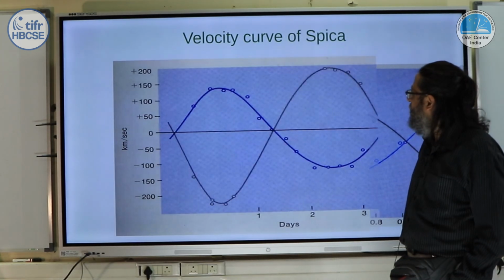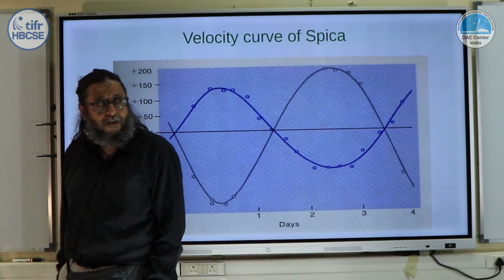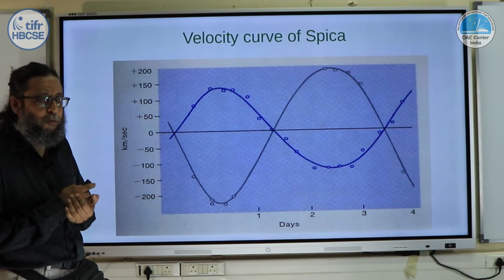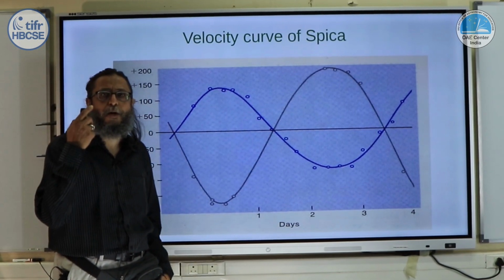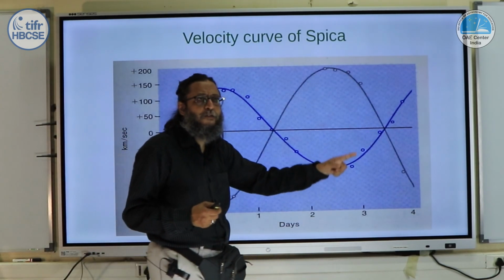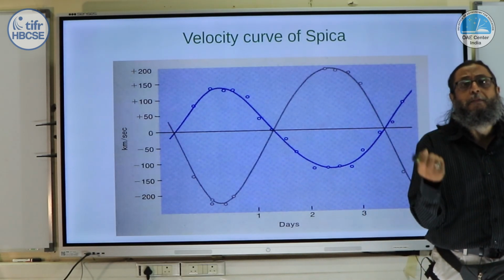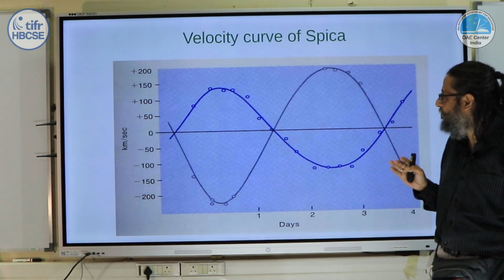Now this is a velocity curve of Spica. Understand one thing also very important. The circles are the data points which are actually measured. The solid lines are physical models corresponding to the best fit parameters of the properties of the binary system.